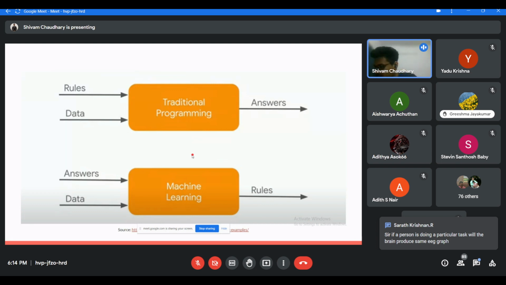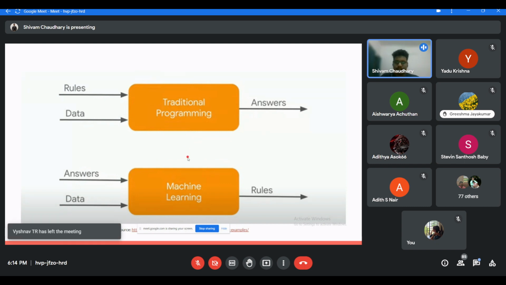Okay, so we have a question. If a person is doing a particular task, will the brain produce the same EEG graph? Yes, definitely. If I am shown a white cross in the middle of the screen, watching that will produce the same EEG response every time, but there will be some random noise in the EEG signal that will hide that same signal.